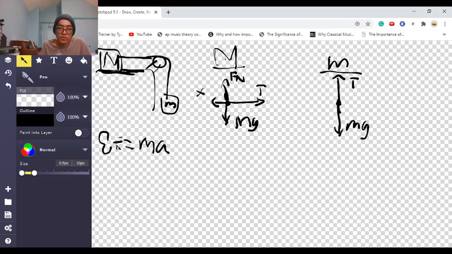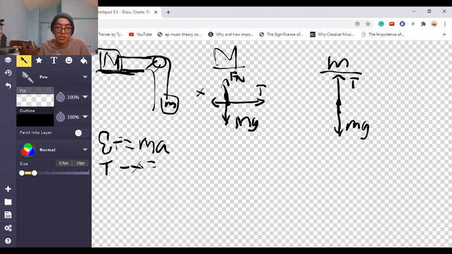Now, the net force for the big M in the x direction: we have tension. The reason I write tension first is that the acceleration tells us which direction the sum of all forces is in. We know that tension is going to be greater than the frictional force, because tension is the greater force, so that's why I put it there.